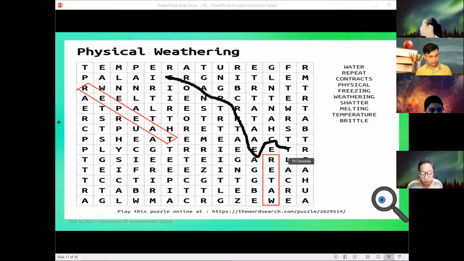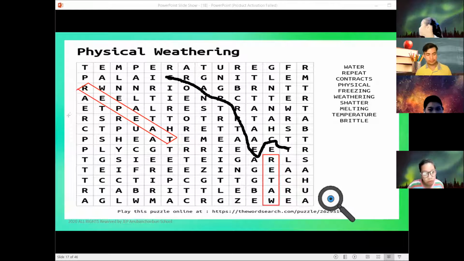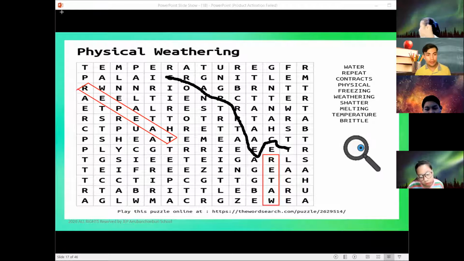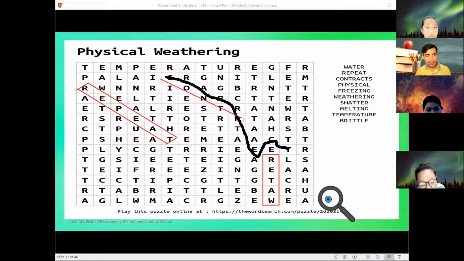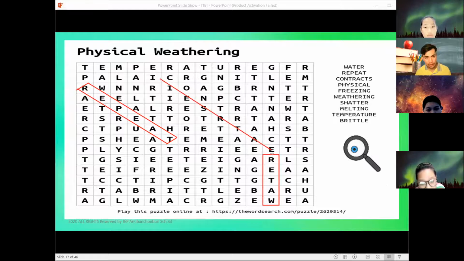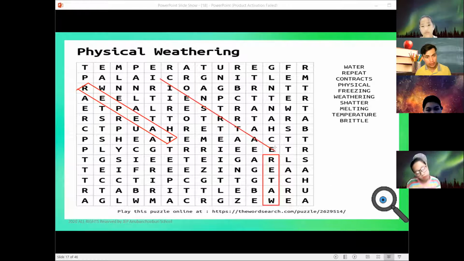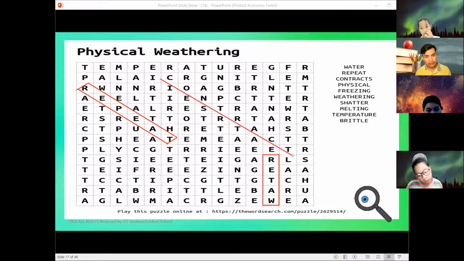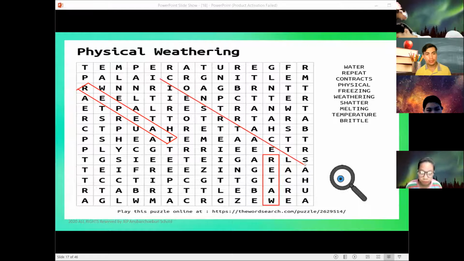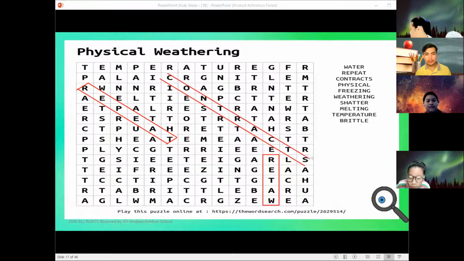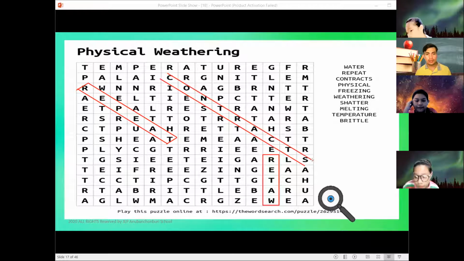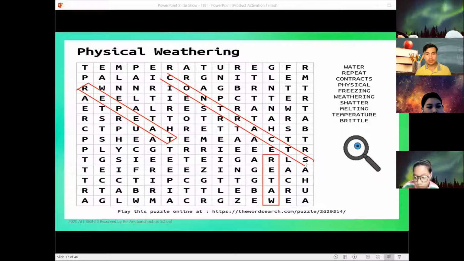Okay, so is that the word contracts? Okay, you can delete that now, Chuntira. Contracts, right? Okay, there, gotcha. Contracts, okay. Good job. So I'll just make a line here.